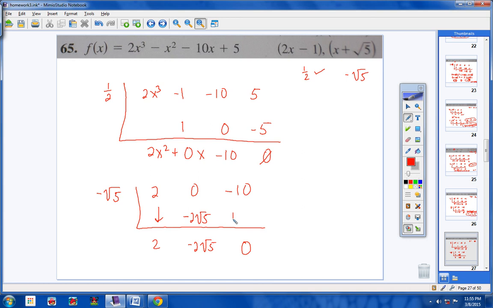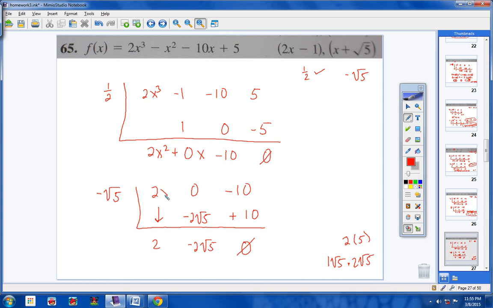Multiply those, and you get a positive, and trust me, it will be 10, because you have 1 square root of 5 times 2 square root of 5. 1 times 2 is 2. Square root of 5 times square root of 5 is just 5. And 2 times 5 is 10. It's positive because you have a negative times a negative, so you get a 0.